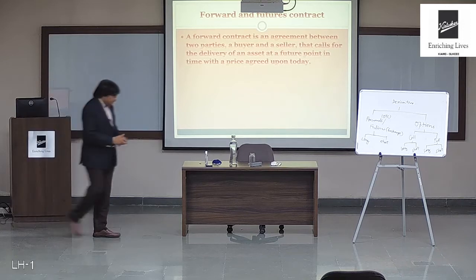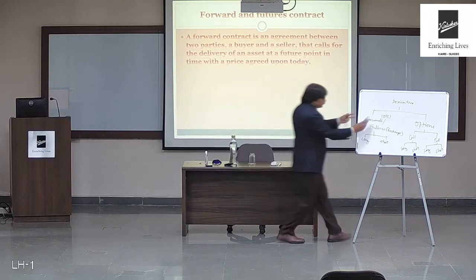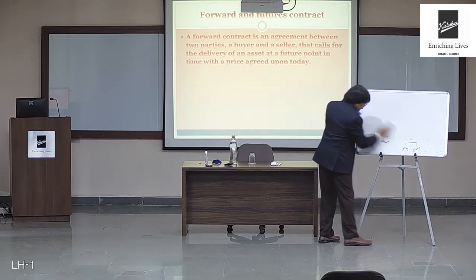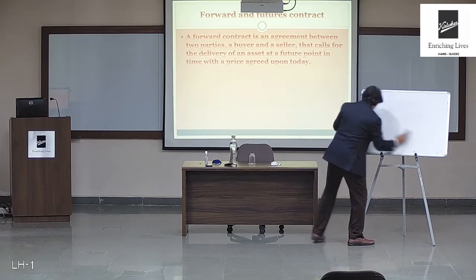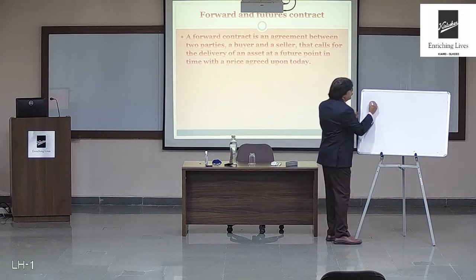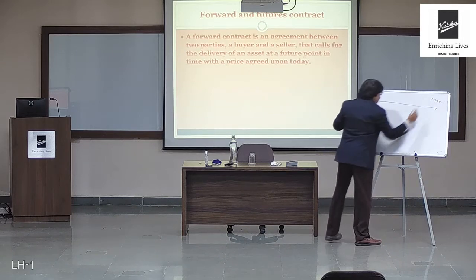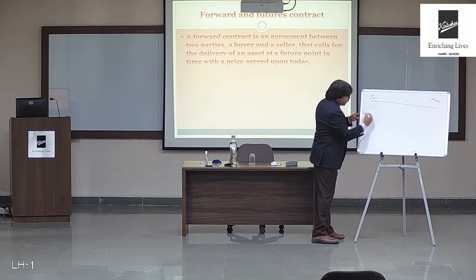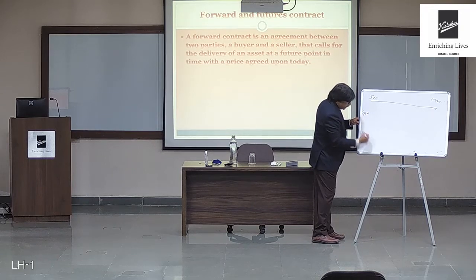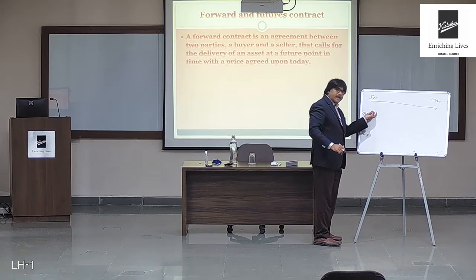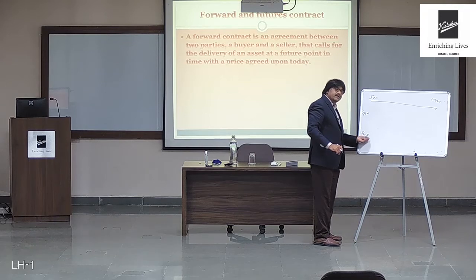So we can see that in terms of a timeline. Let's say this is January and this is March, and we talk about two markets, the spot market and the forward market. When we look at the spot market in January, there is going to be a price of the underlying, and this is the forward market, the price of the contract.